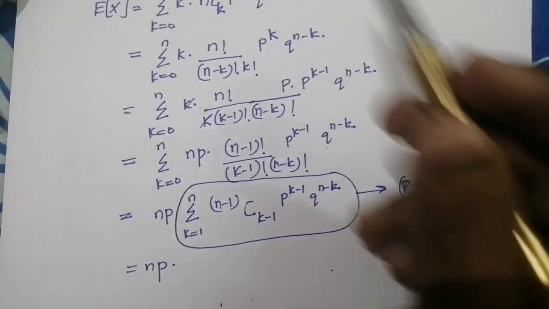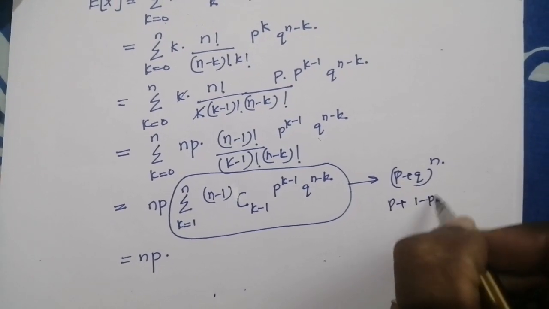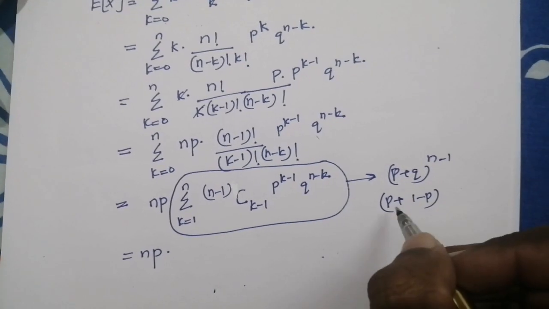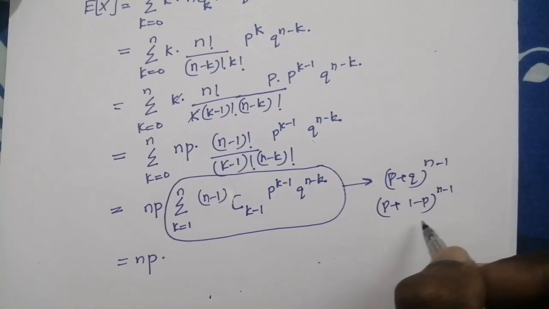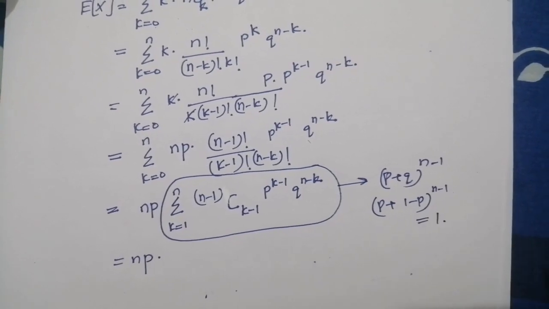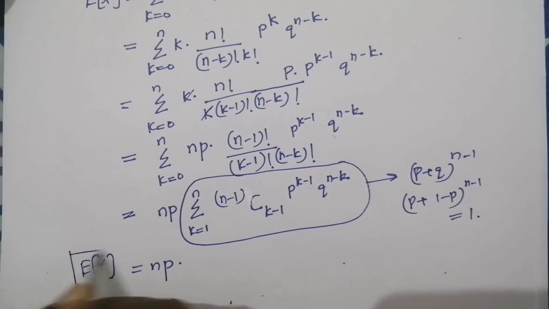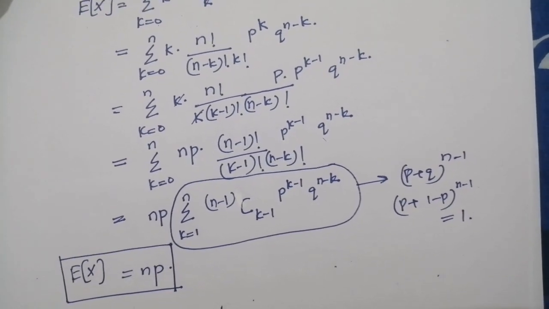Hence it is called the binomial distribution. That is p plus (1 minus p) raised to n minus 1, which will be equal to 1. So the expectation of a binomial distribution is given by np.